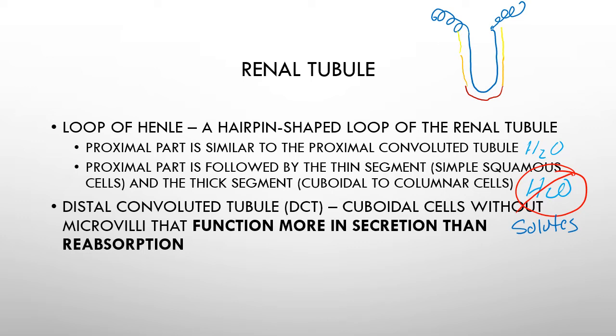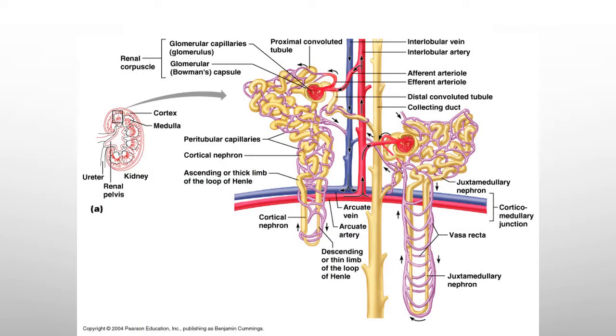So we go from a low concentration to a high concentration as we move down through the tubules. That process is going to allow us to create a gradient that we need to create the type of urine that we need in terms of concentration. Do we need dilute urine or concentrated urine? Are we hydrated or dehydrated, on the two ends of the spectrum?